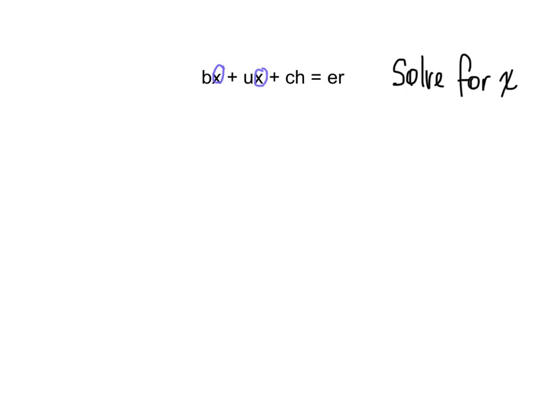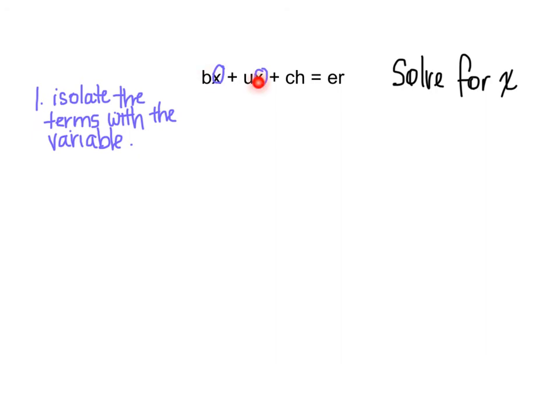Well, my variable's in 2 separate terms. So your first step must be to isolate the terms with the variables. So there are 2 terms with the variable of X, the first one and the second one.